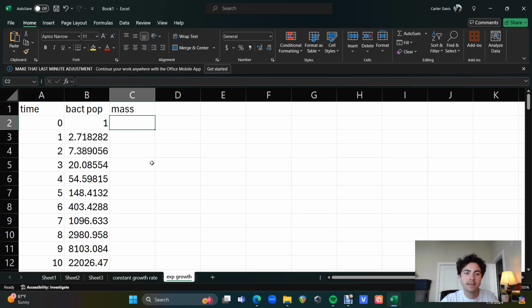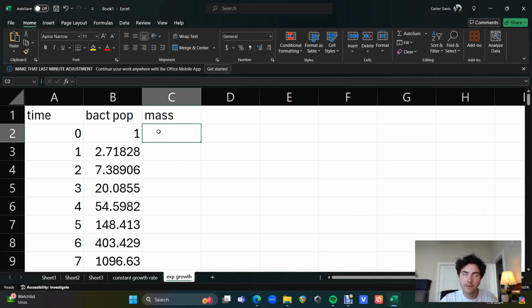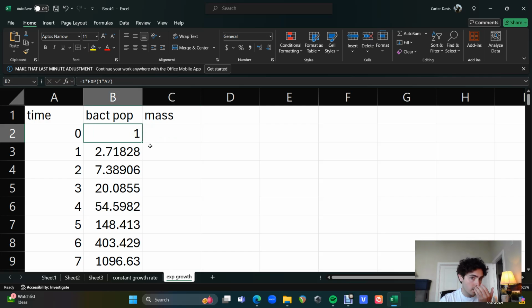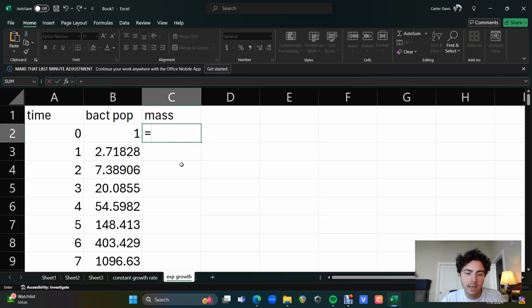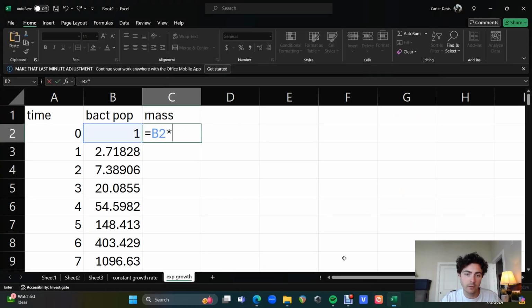They give us that the mass of a single bacterium is 1 times 10 to the negative 12. And then they want us to find the mass of the entire population at any one time. So the mass of the entire population at the very start is just going to be the mass of a single bacteria because it just starts at 1, right? So we're basically going to set up a formula to say that the population mass is just going to be the population times the mass of a single bacterium, which is 1 times 10 to the negative 12.